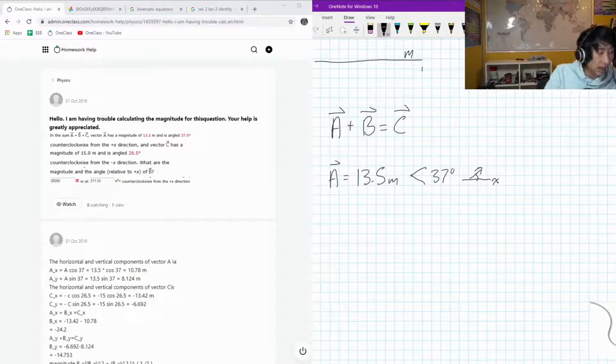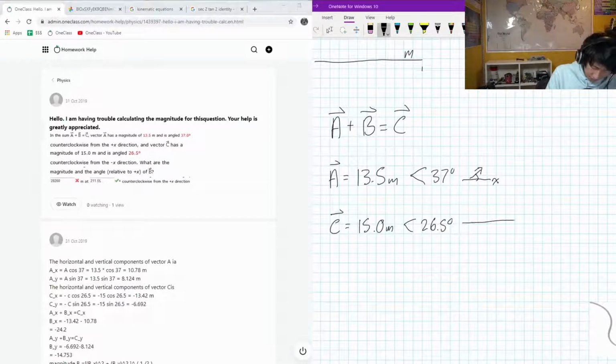Okay. And vector c is given as 15 meters, and it is angled 26.5 degrees counterclockwise from the negative x direction. That is critically important, negative x direction.